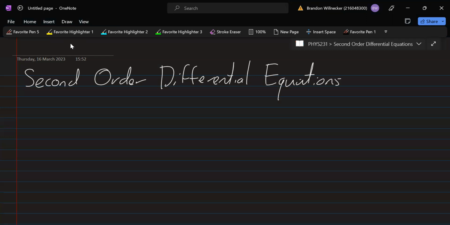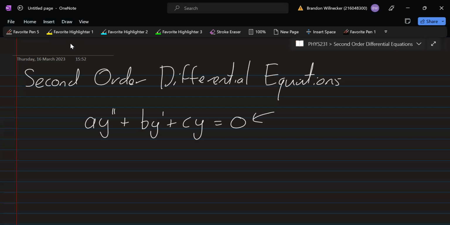The type of equations that we're going to be looking at first are called homogeneous second order differential equations with constant coefficients. So we have ay double prime plus by prime plus cy is equal to 0. A, b, and c are our constant coefficients.